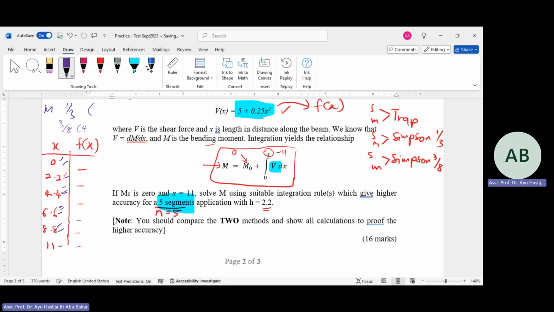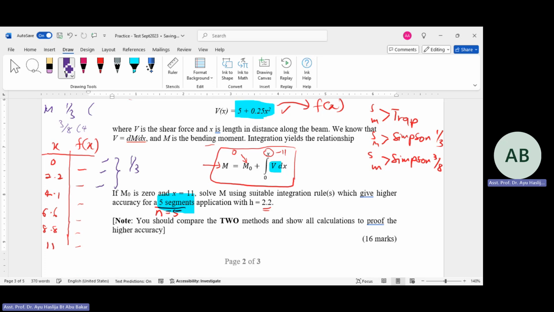You can combine. Now how? Let me erase this first. How can we combine? For the first 3 points you can use 1/3.